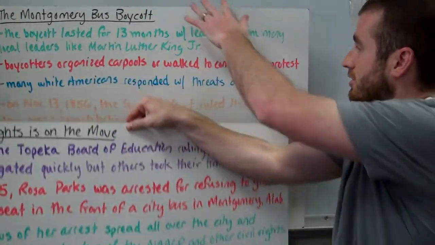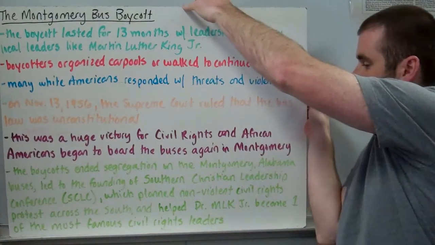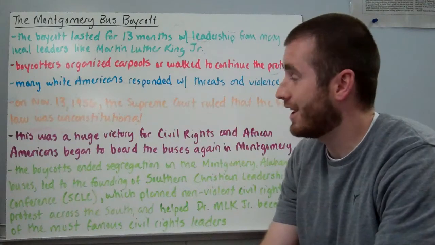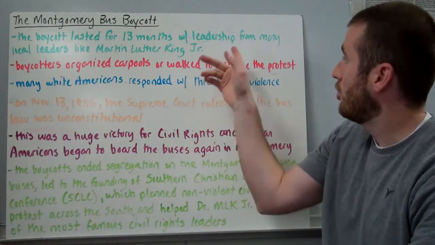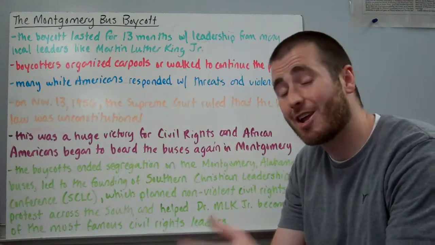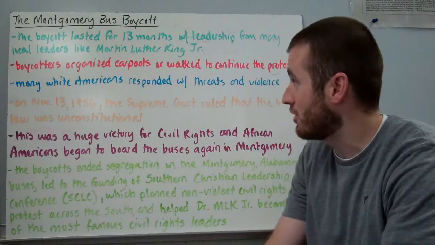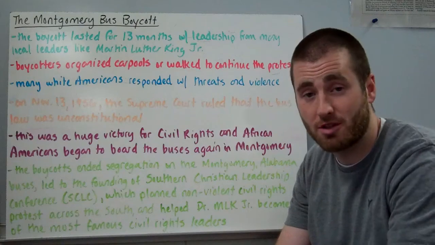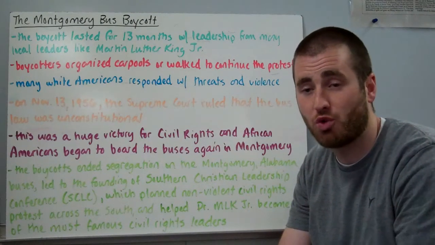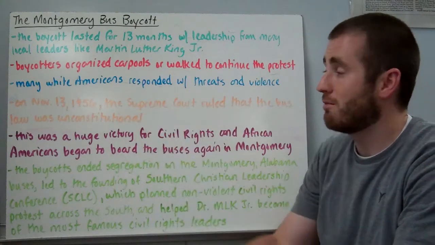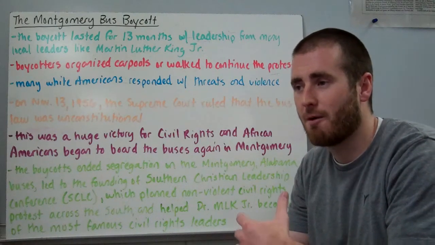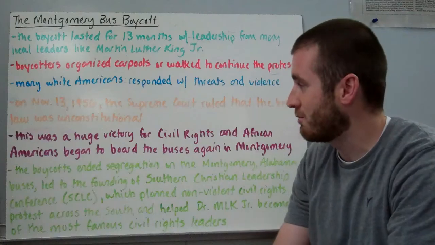It was a very unified effort. The Montgomery bus boycott lasted for about 13 months with leadership from many local leaders, including the very famous Martin Luther King Jr. Boycotters organized carpools, or they just walked to work or school, wherever they were going, to avoid having to get on the buses. Many white Americans obviously responded with threats and absolute violence, as they didn't accept what African Americans were doing.